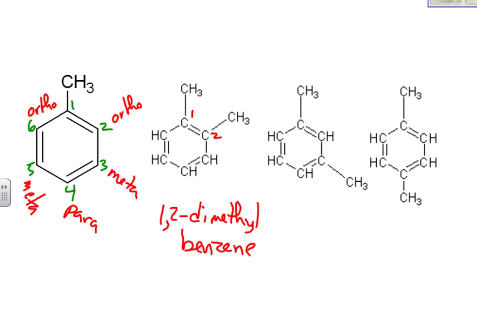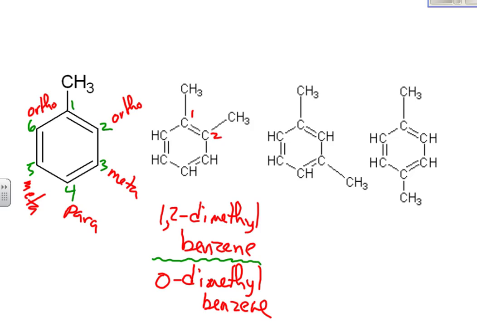Or we could call it ortho dimethylbenzene, or just O for short, ortho dimethylbenzene. Showing that if we put the one methyl group at the top, the second one's ortho to it, which would mean the carbon directly next to it. So either one of those two names would be appropriate.